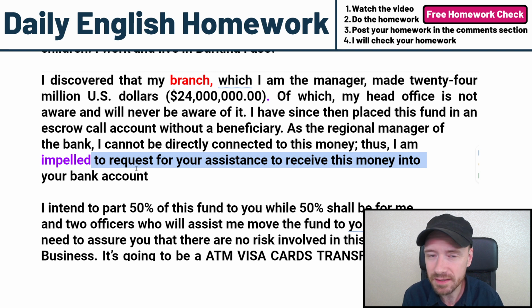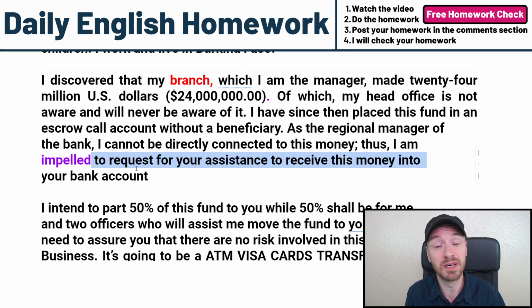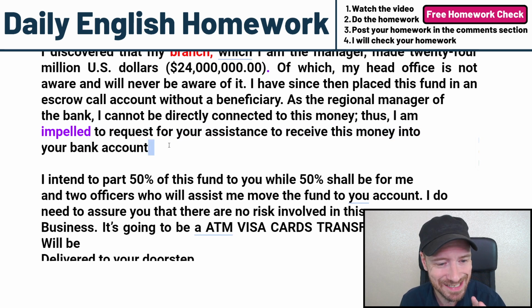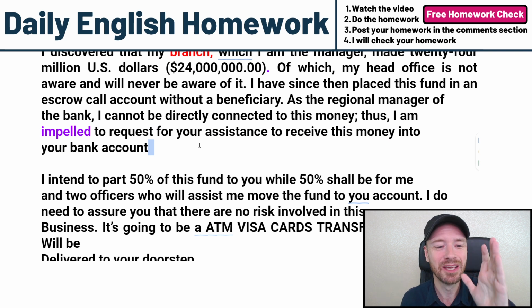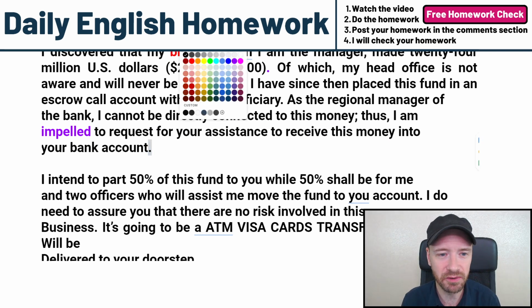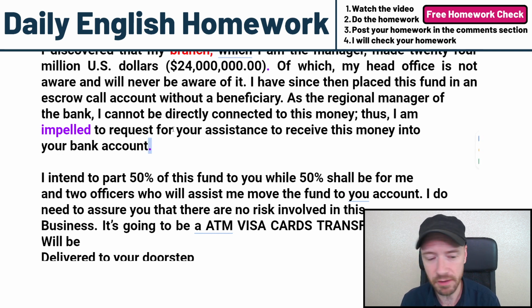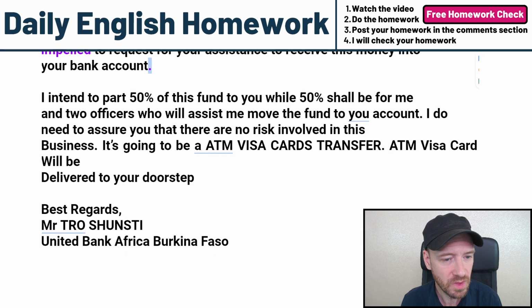Makes sense. I don't like him. He's a thief stealing from his bank, if that's true, but it makes sense what he's doing. And again, he's going to drive me crazy here because he does not end with a period. Don't forget that final period right there. Those are basic periods.